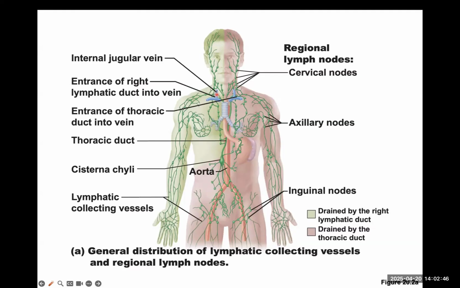It's going to be a little bit harder to find, so what you've got to do is find the cisterna chyli first. That's easy to find, and then use that as your landmark, and from there you can find the thoracic duct and then your right lymphatic duct.